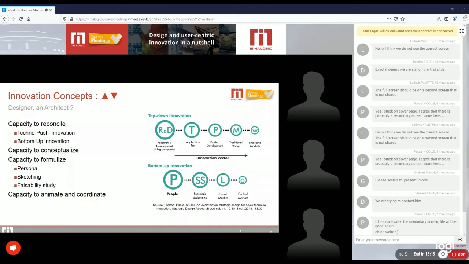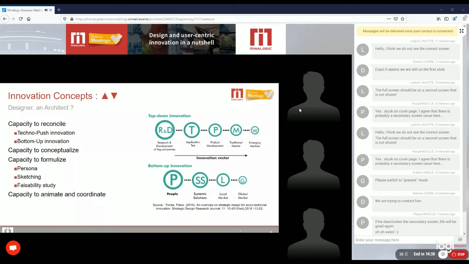The designer, moreover, must be able to conceptualize and formalize the new concepts, the new products, the new services, the new interfaces. That's why we used to see the designer as an artist, because he's able to make sketches and drawings to illustrate the concepts of the new products or services.